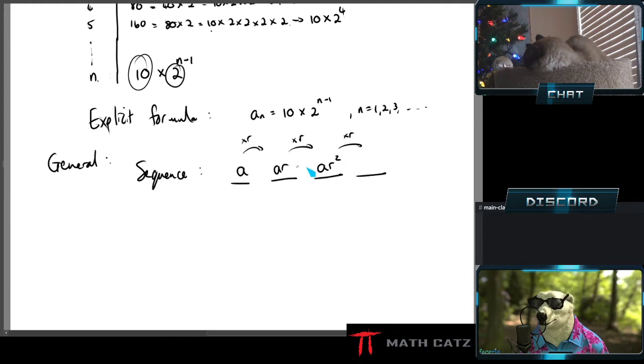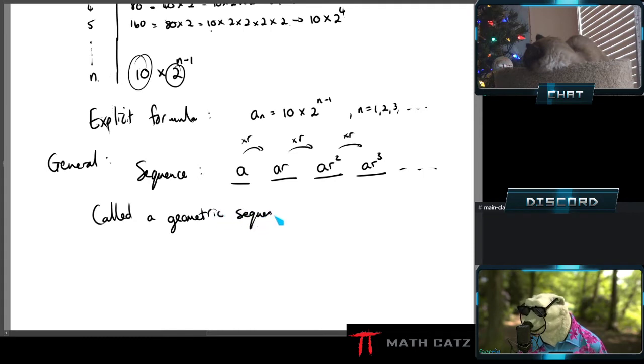A feature of the sequence is I multiply by the same number every time. So this is called a geometric sequence, first term a, and we call the number I multiply every time the ratio r.